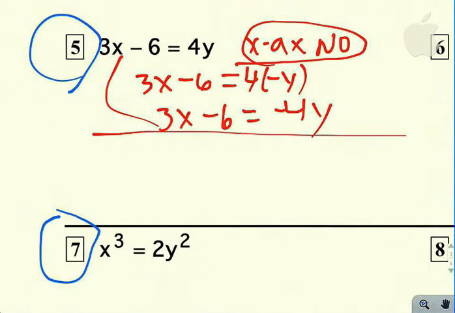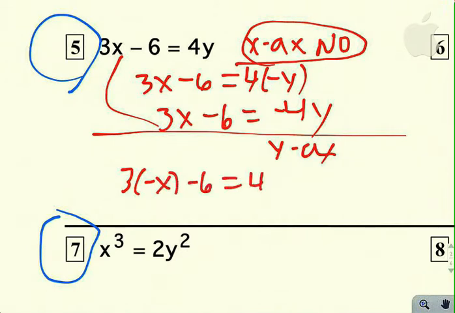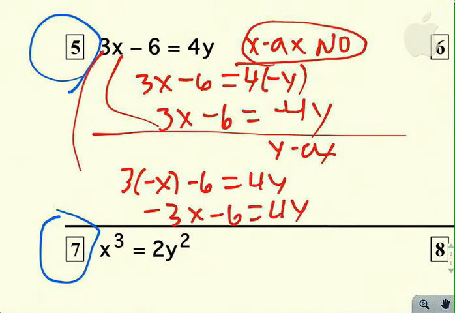We'll do y-axis symmetry now. For that, you negate the x. So minus 3x minus 6 equals 4y. These two equations are not equivalent. So there's a no on the y-axis symmetry.